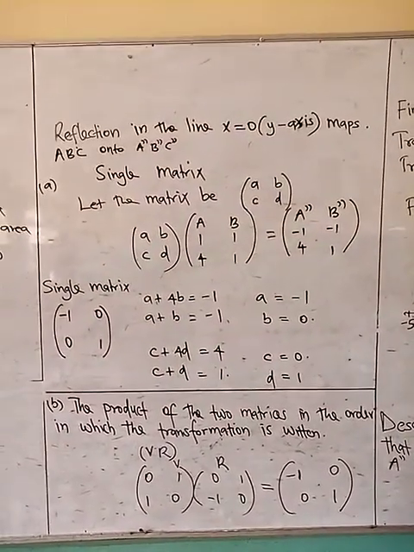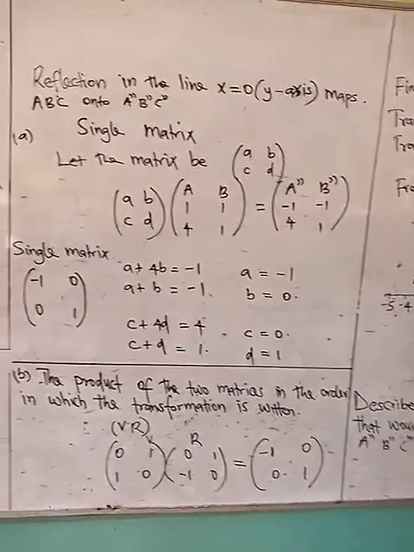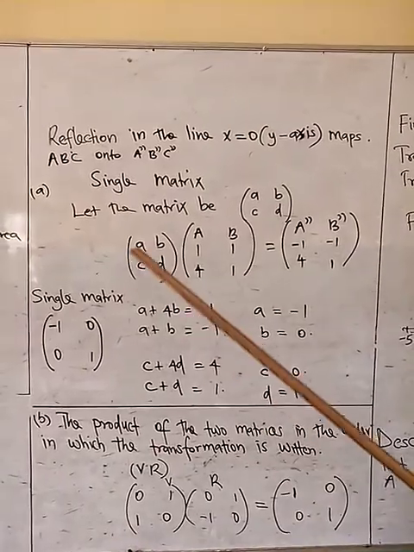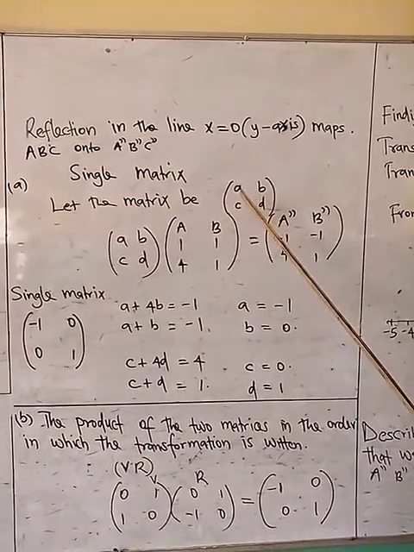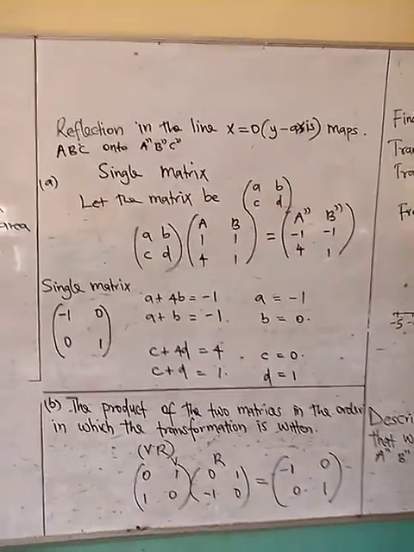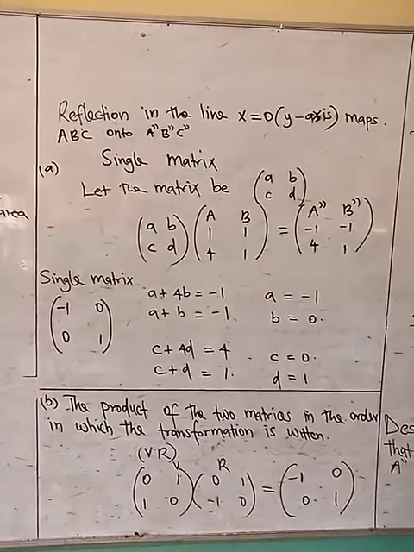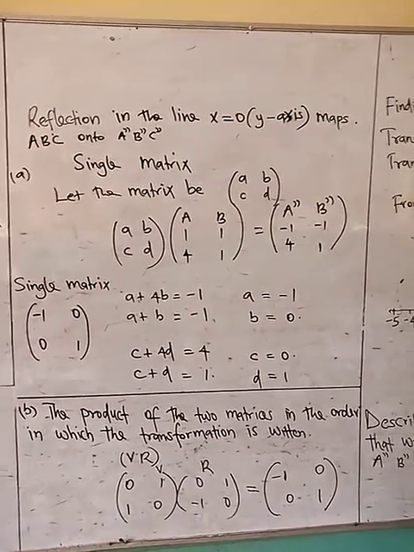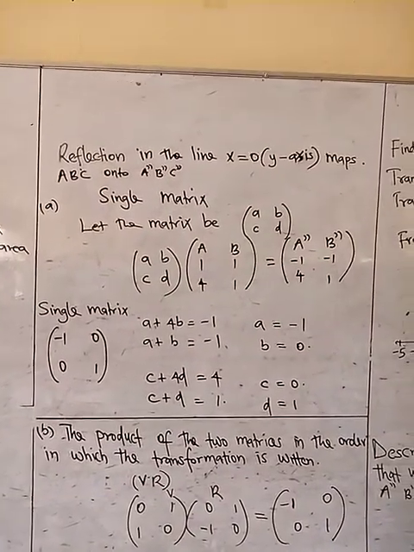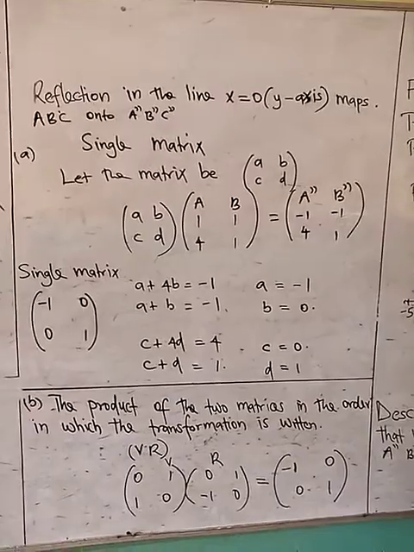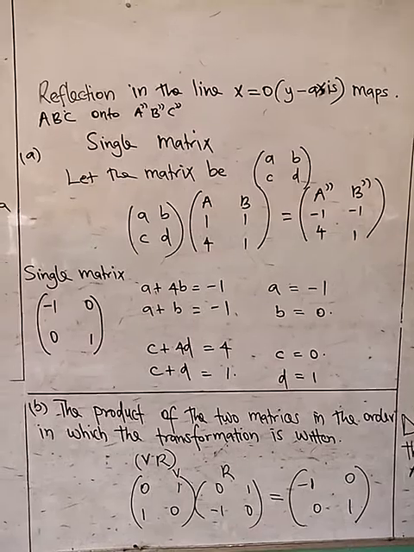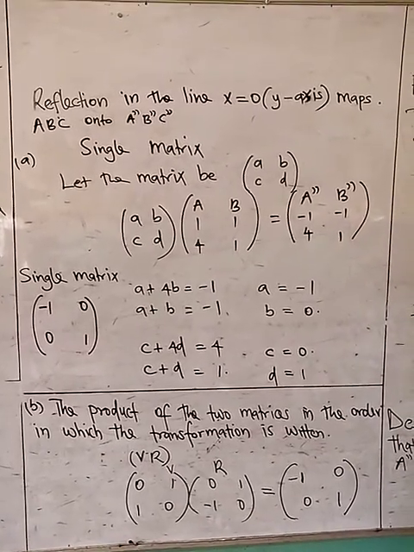However, we can also find the matrix. How do we find the matrix? Let the matrix be (A, B; C, D) as the matrix of transformation. Since the matrix of transformation pre-multiplies the coordinates of the object to give us the image, we allow the matrix (A, B; C, D) to pre-multiply the coordinates.